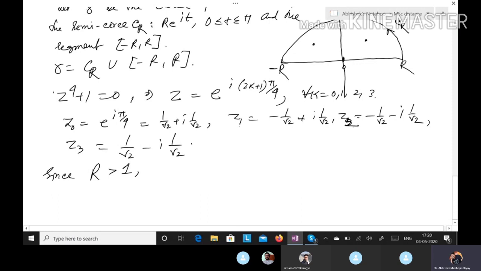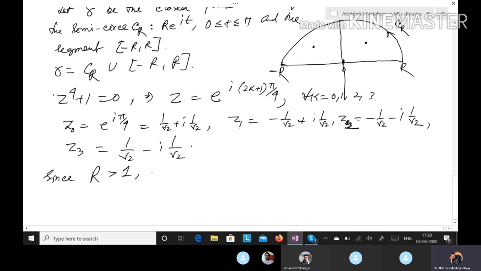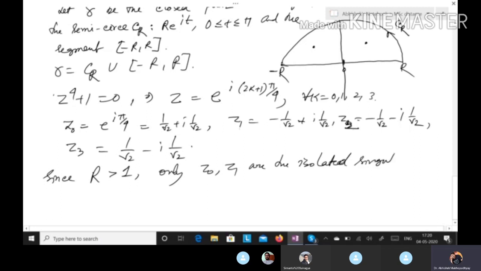Within this path, only z0 and z1 are the isolated singularities of f(z) within the interior of gamma.